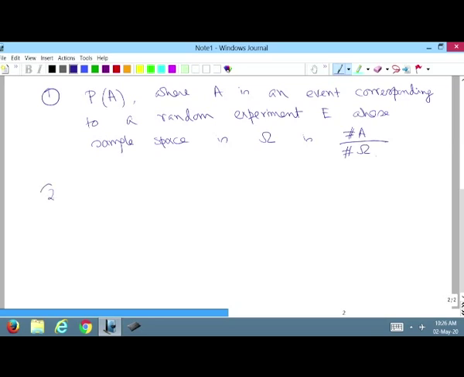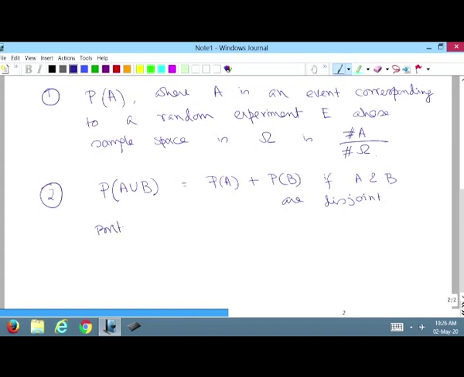And another thing that we will be using is from event algebra, that probability of A union B is equal to P A plus P B if A and B are disjoint.